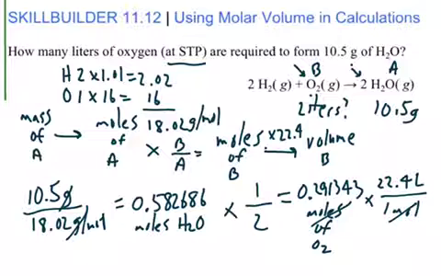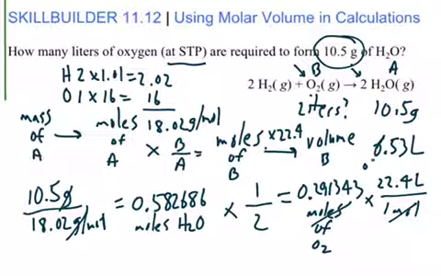When you multiply by 22.4, and we're going to round to 3 significant digits, we end up getting 6.53 liters of B, which is oxygen. So 6.53 would be the answer, and that would be a mass to volume problem at STP.